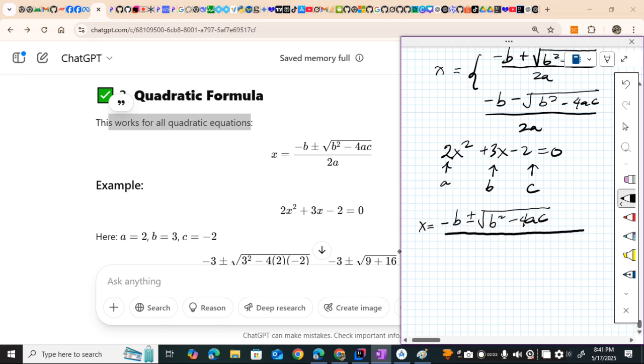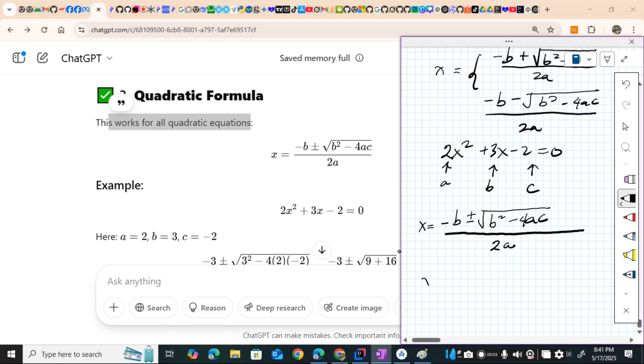The discriminant should be positive for us to get a real root, simply because we cannot have a real number if the value under the root is negative. That will result in an imaginary number. Now here we have over 2a.